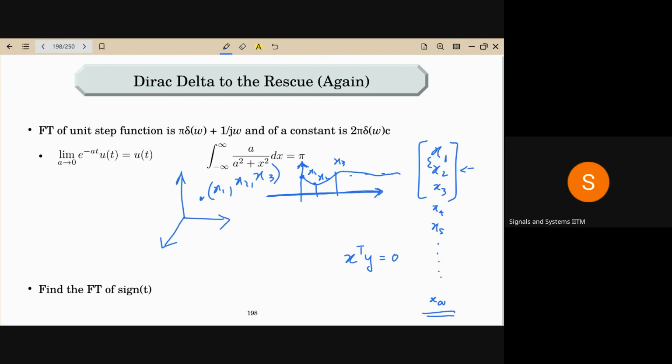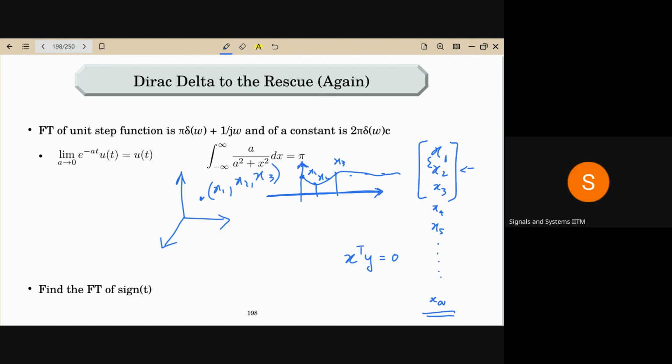If you say that two signals are orthogonal, it simply means that you cannot scale one signal or combine it with different scaling factors and get another signal. That's all it is.